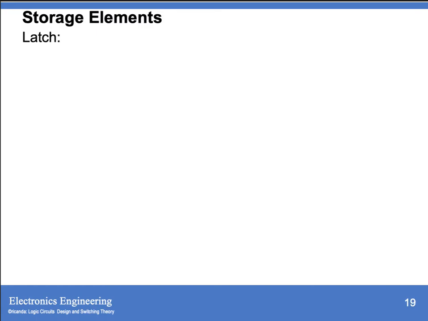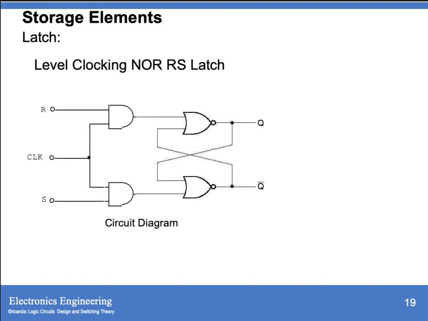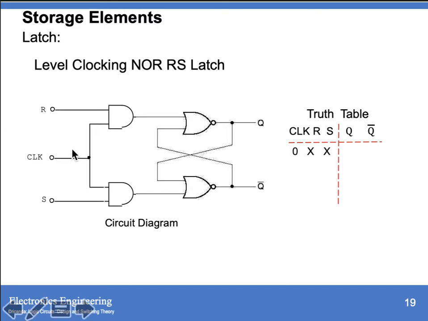Now for a level clocking NOR RS latch, we have now a third input. We call that one your clock. So we have to get your truth table. If your clock is equal to 0, whether your R and S has a value of 0 or 1, the outputs of these AND gates are all 0.